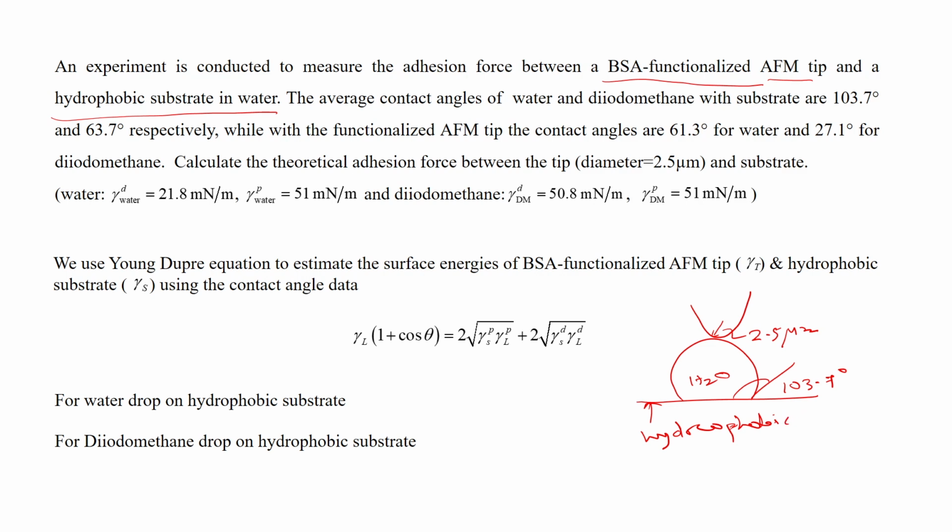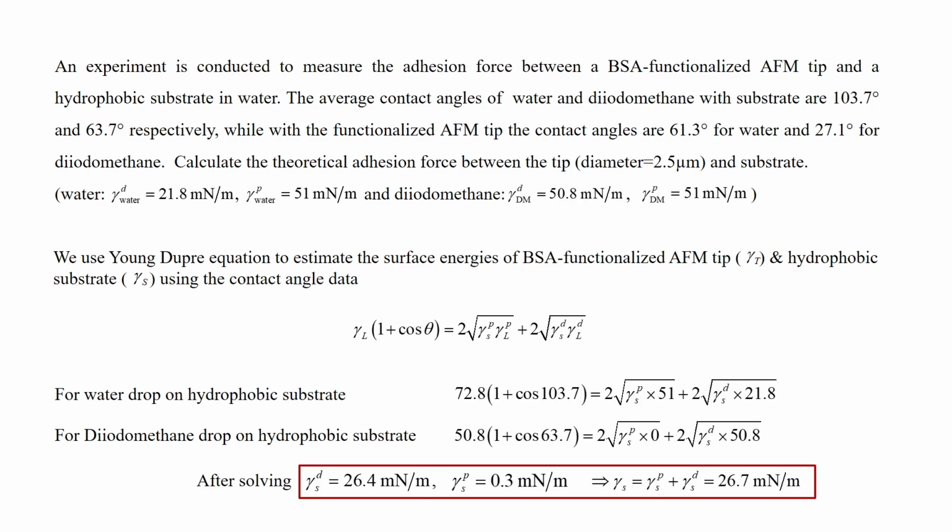Therefore this diiodomethane, which has a lower surface energy, has higher dispersive interaction, so it spreads on this particular surface. I am not sure if I wrote that correctly over here, I have to see in the next slide what value I took. Anyway, I will see.